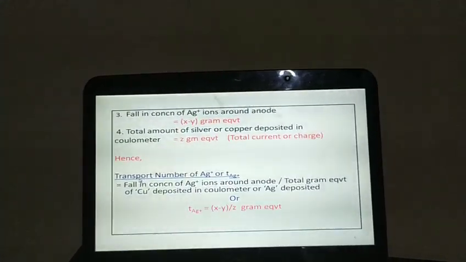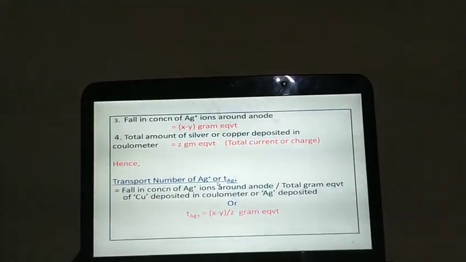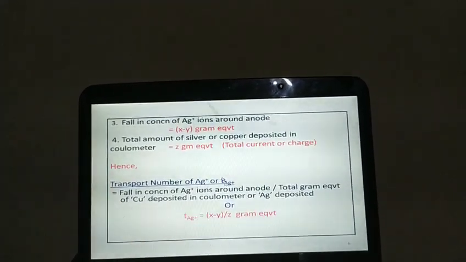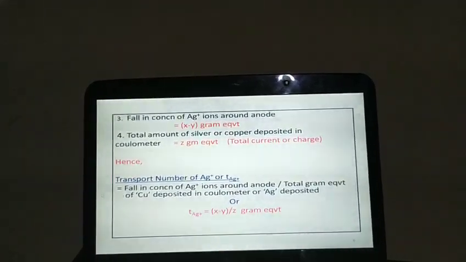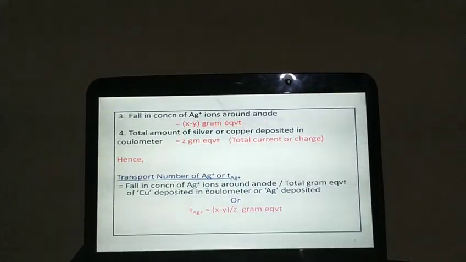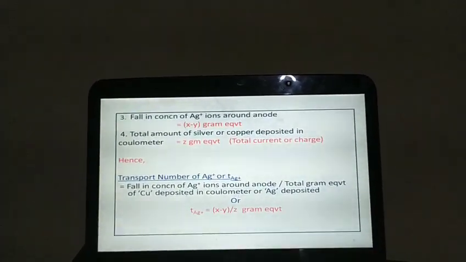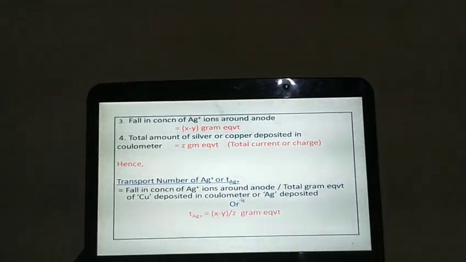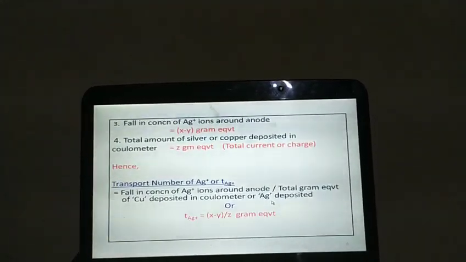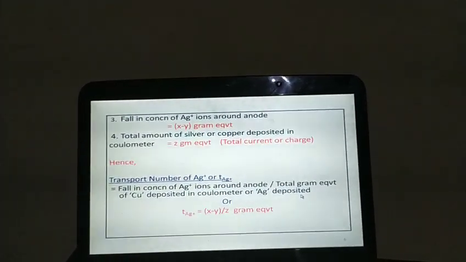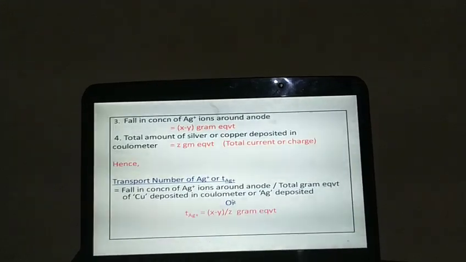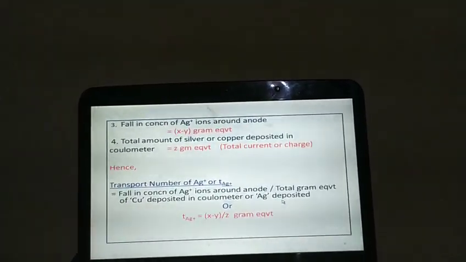Hence, we can write the transport number of Ag plus, that is the cation, T subscript Ag plus, is equal to the fall in the concentration of silver ions around the anode divided by the total gram equivalent of copper deposited in the coulometer or silver deposited in the voltameter. We can use either a copper coulometer or a silver voltameter.